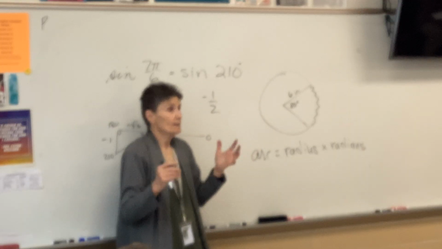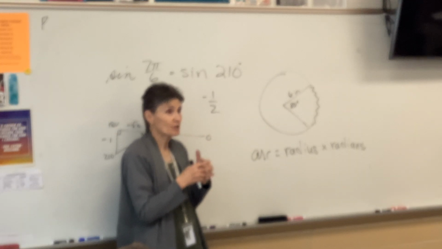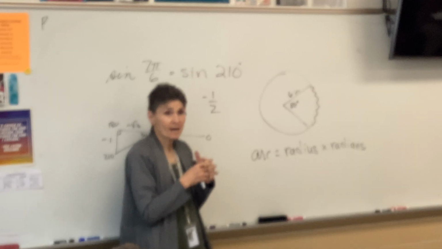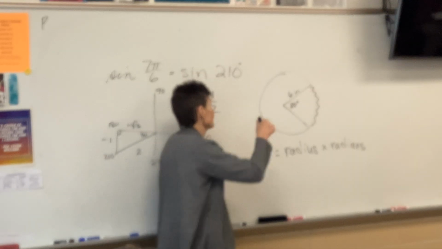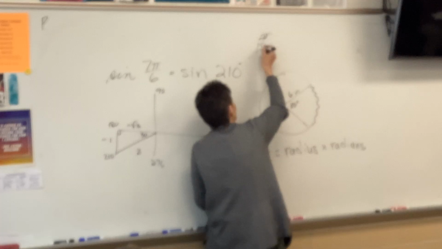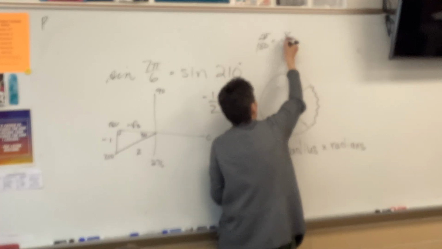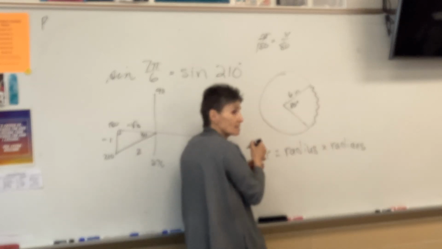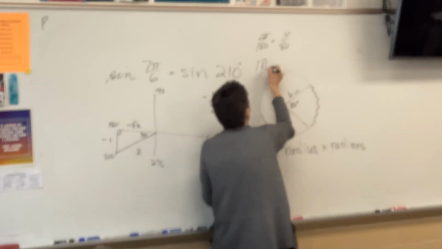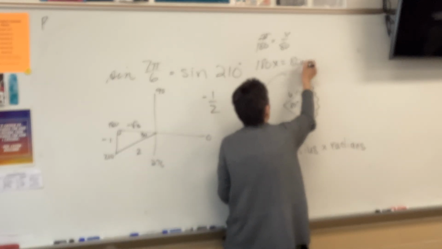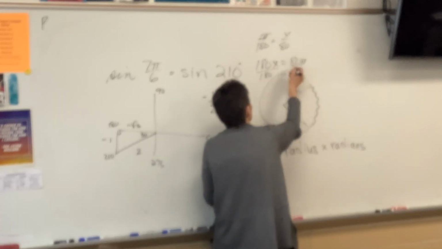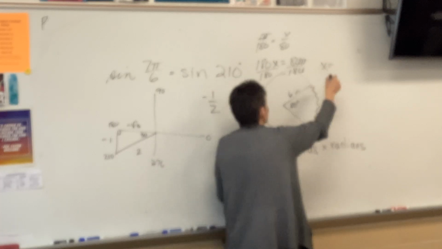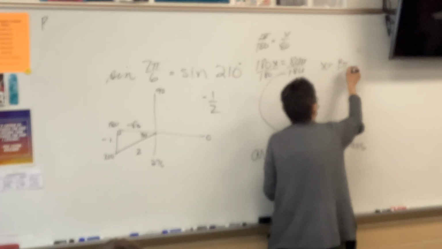That won't work. You have to have 80 changed into radians. Anybody remember how to do that? Pi over 180. Yep. So pi over 180 equals something over 80. I want to know how many radians go with 80 degrees. So 180x equals 80 pi. I can reduce, I got 4 pi over 9.